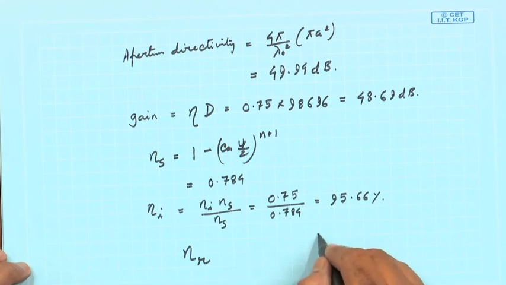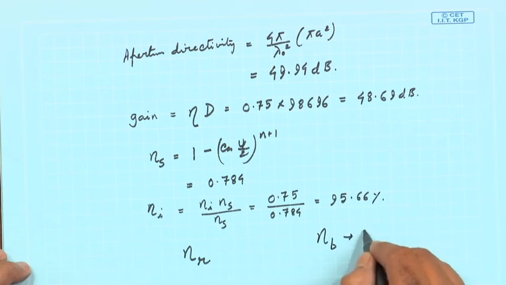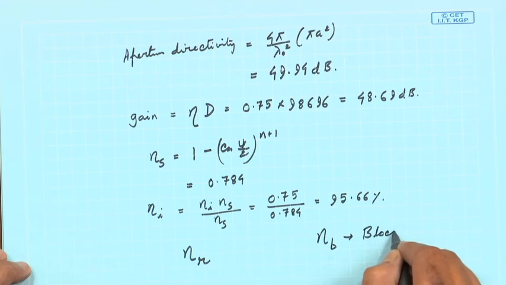That will reduce the sensitivity, but before that this efficiency matters, because the feed is blocking this; that is called blockage efficiency. So, one was spillover, where all the power was not captured. Now, whatever is being reflected, the feed and its accessories are blocking that. So, there will be another efficiency, eta b, the blockage efficiency.